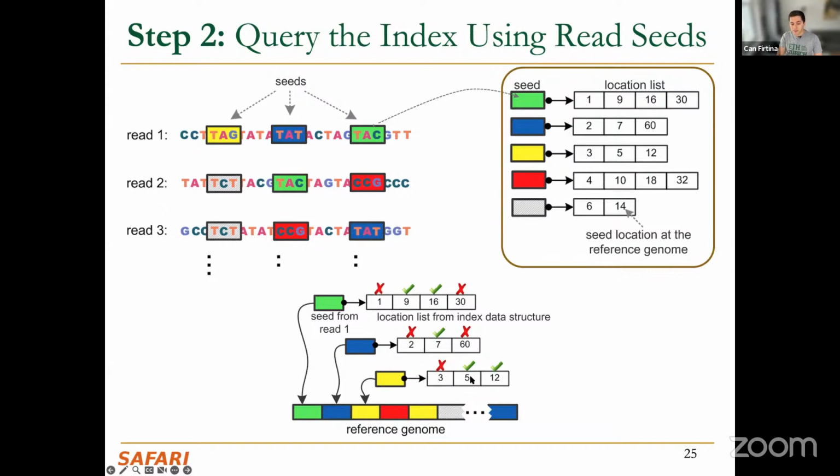Because if there's a chain of seeds that are close to each other in the reference genome, then this means that the order of the seeds and also the distance of the seeds match the distance and order of the seeds in the reference genome.